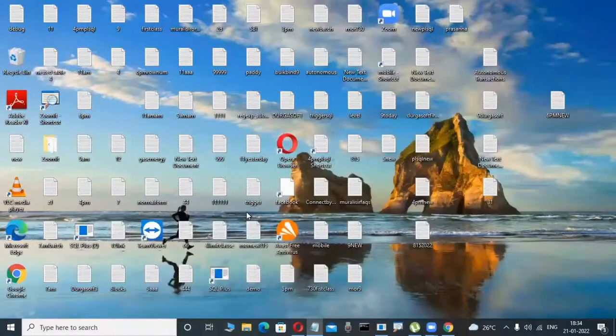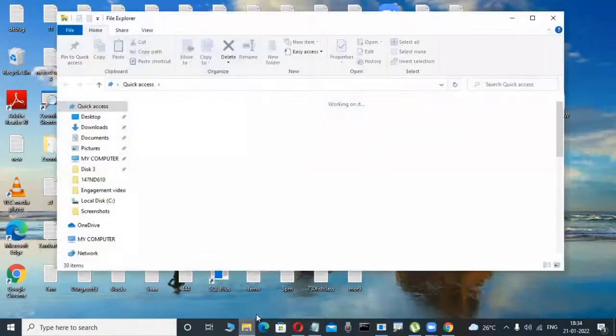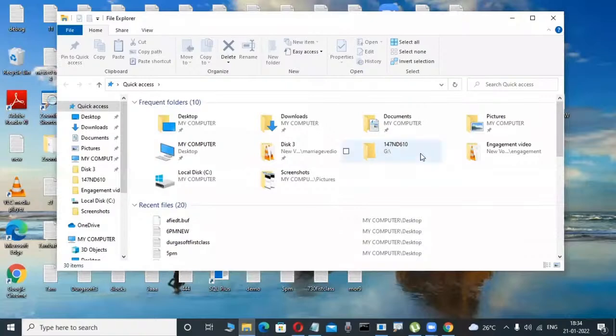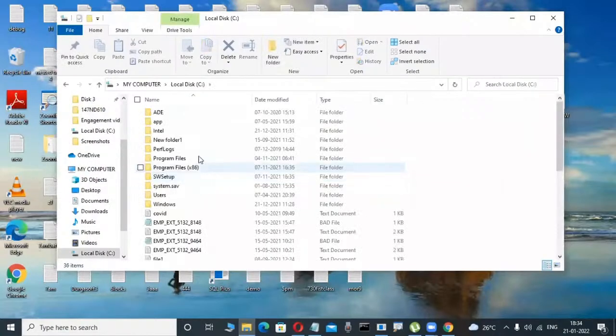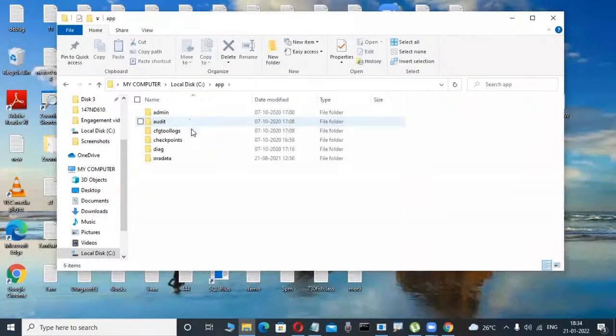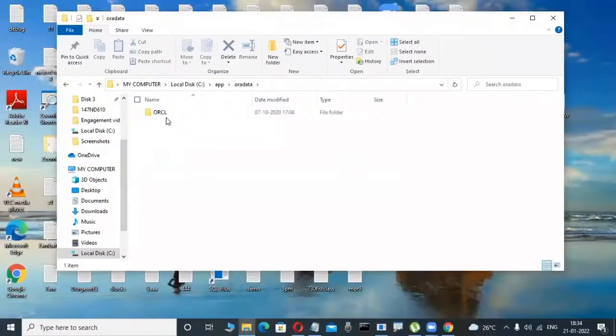Now I'm interested to view whether this table is created or not in my operating system. Suppose the Windows operating system is there, where Oracle is installed. In that location, I try to view, for example, in the C drive, where Oracle is there. These are folders: Oracle, Oradata, ORCL.